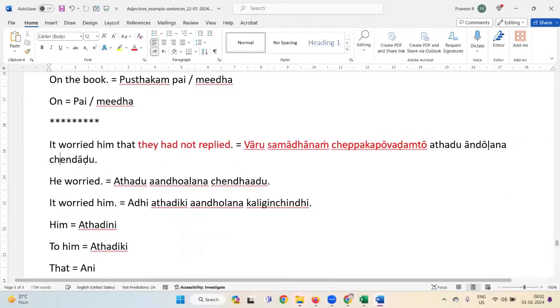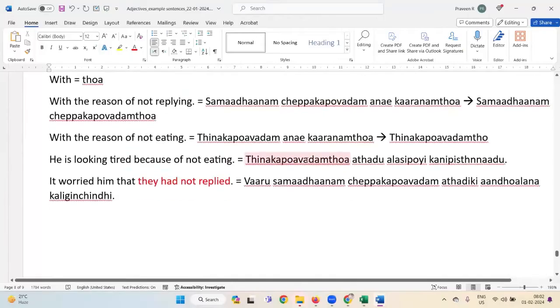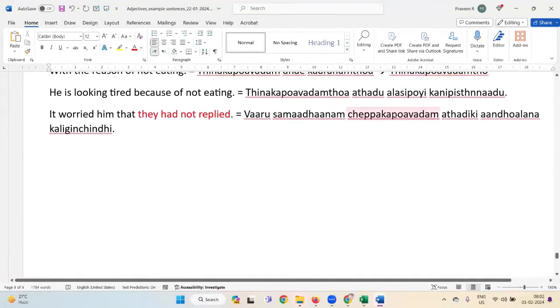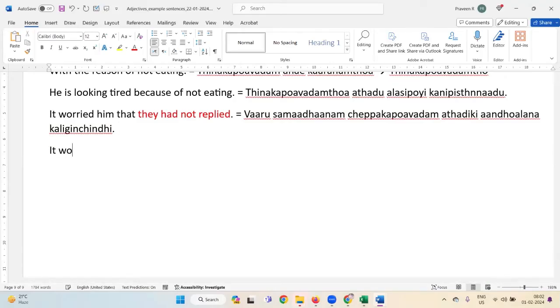But if we use this meaning, that 'to' is not necessary. వారు సమాధానం చెప్పకపోవడం అతడికి ఆందోళన కలిగించింది. Very simple structure. Now, let's make a few more sentences in this category. It worried him. It worried her. It worried her that the bus didn't come.